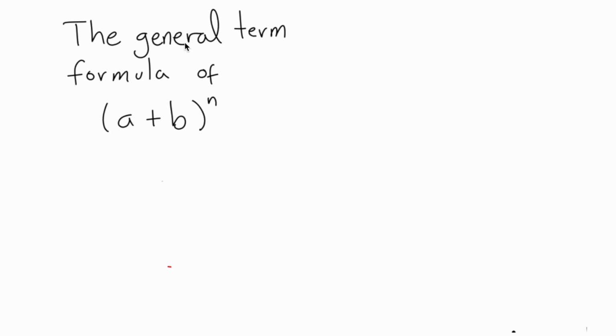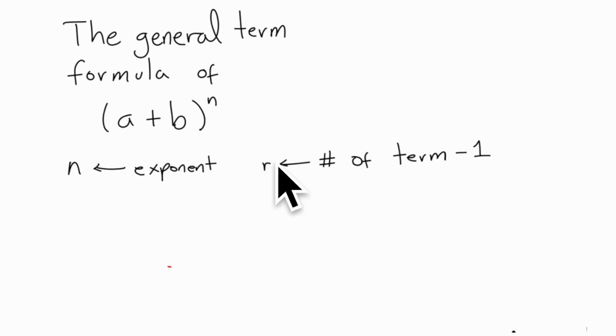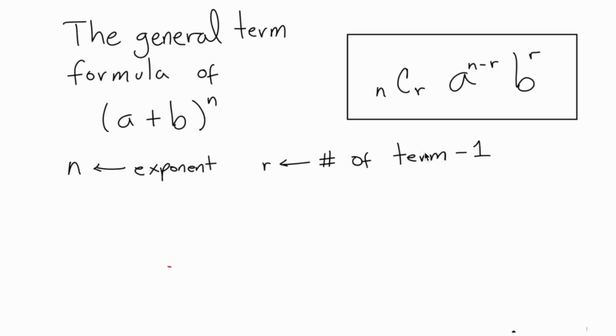So the general term formula of a plus b to the power of n: n is going to be the exponent and r is going to be what term I am looking for minus 1. We're going to apply it and use it very heavily in this video, to find particular terms in my expressions.